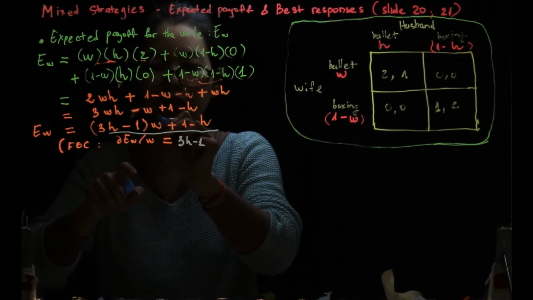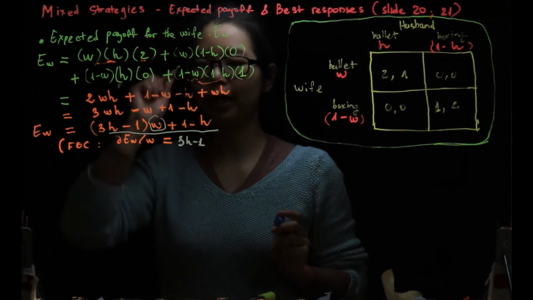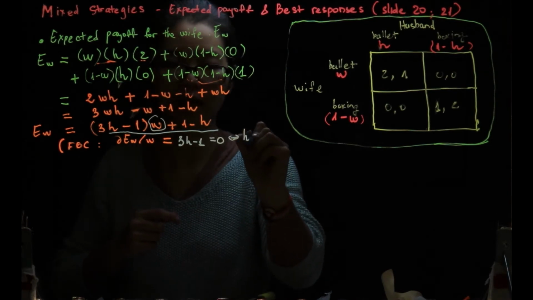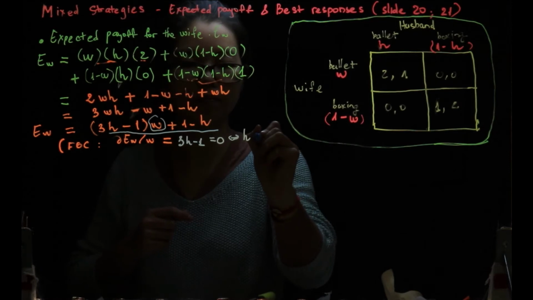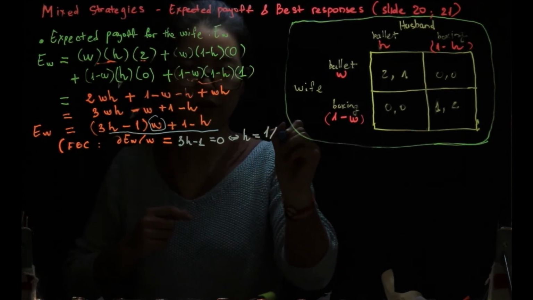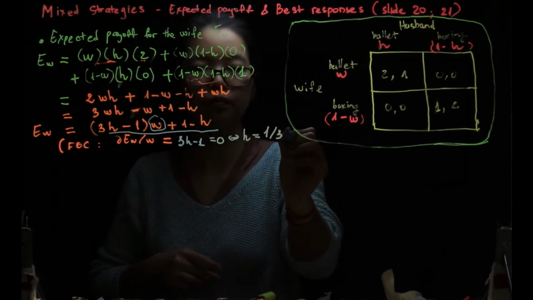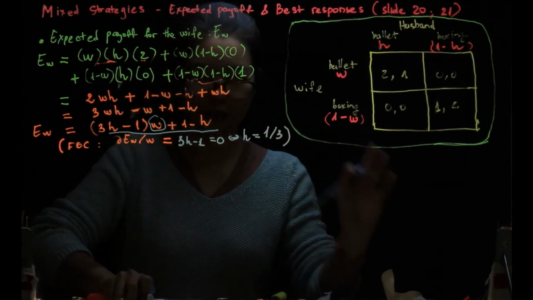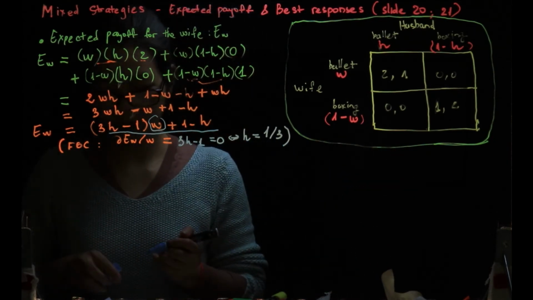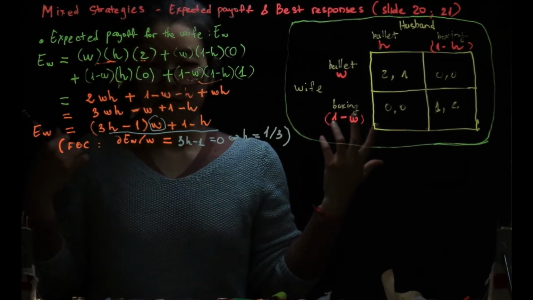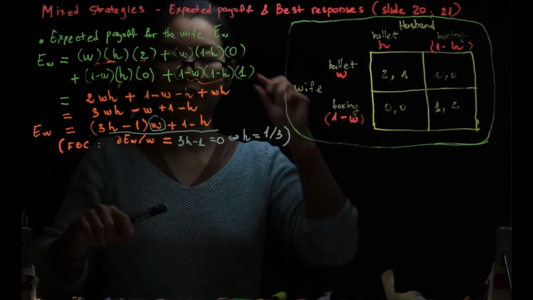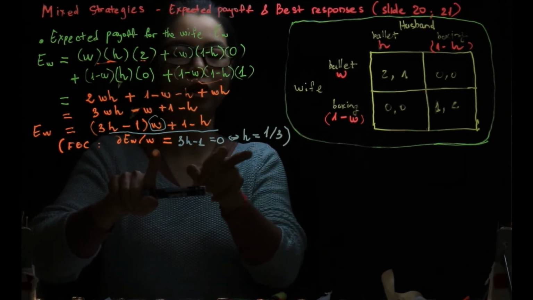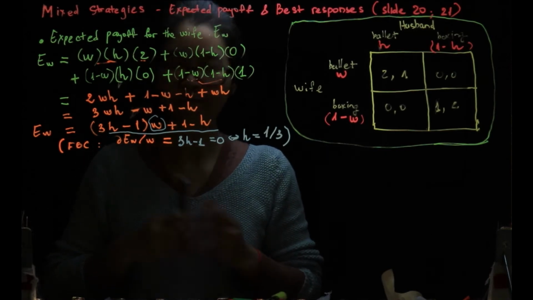Because you only have W over here. Equals 0, meaning the probability that the husband plays Bartlett would be 1/3, right? And this is one thing to think about. But normally you would solve for W, what you're interested in, but now you have no W here anymore. So what to do?